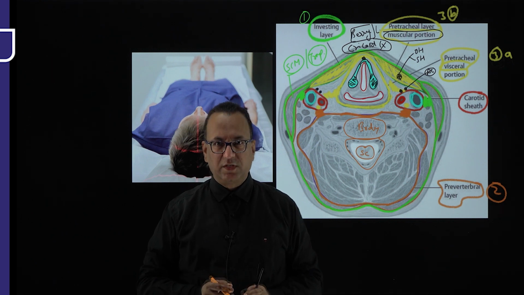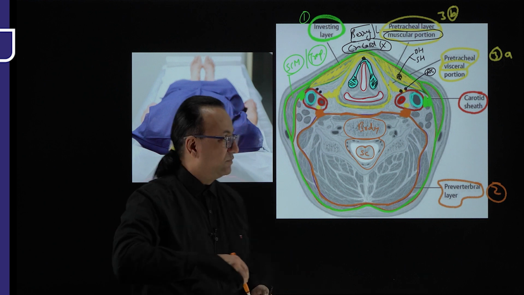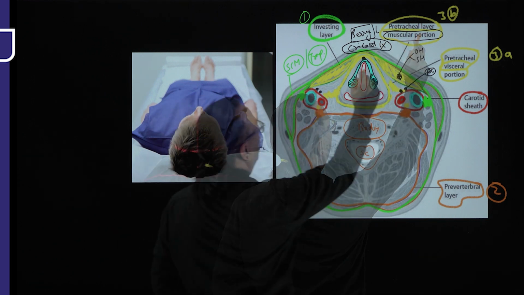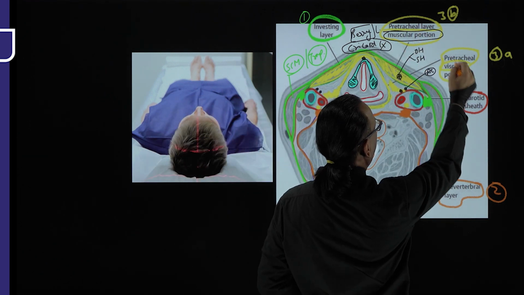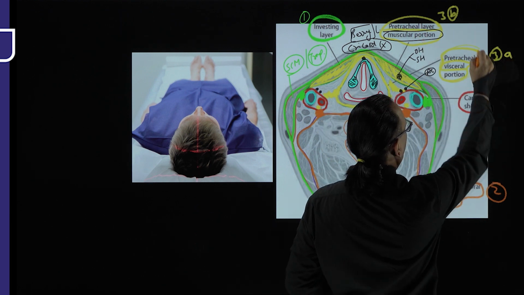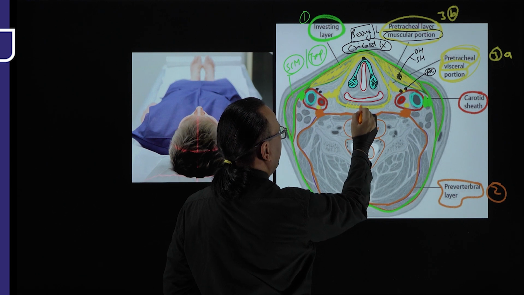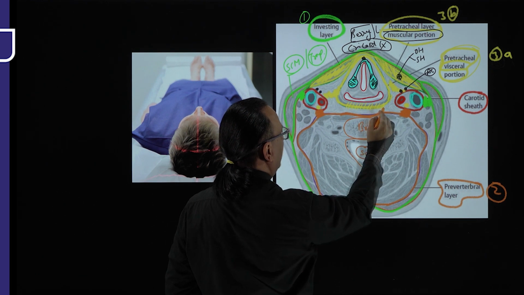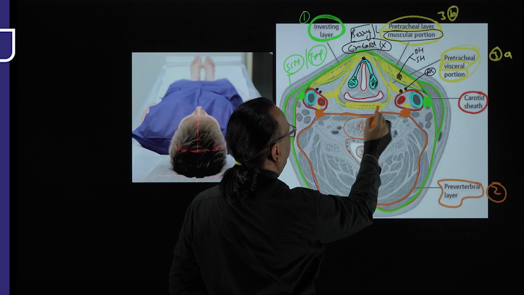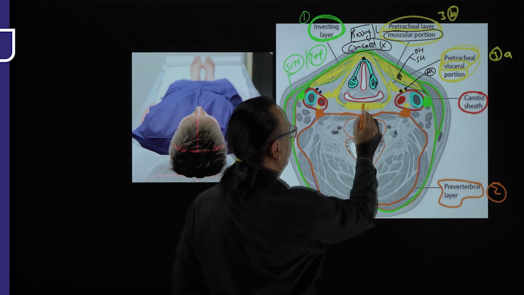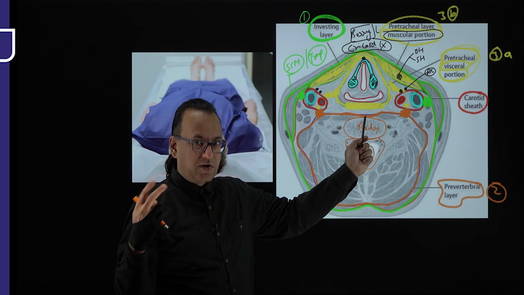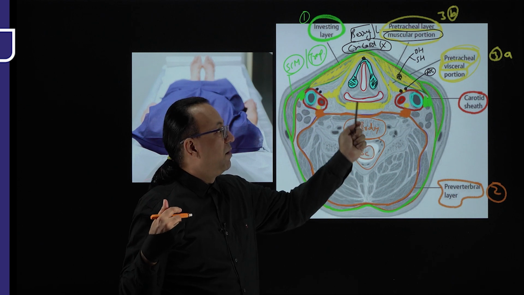And with this information, you add one more detail here. You see, this pretracheal layer we have mentioned has some divisions: 3A, the visceral portion, 3B, the muscular portion, and 3C. On the posterior aspect, this pretracheal fascia gets modified, and this modified portion is now behind the pharynx or behind the esophagus, that means behind the gut tube.